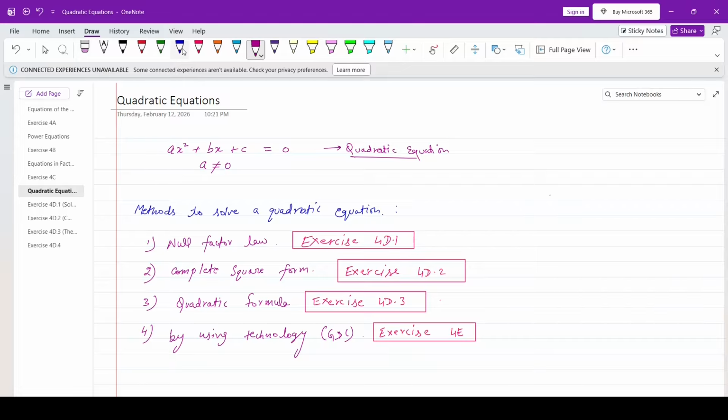We still have one small area of quadratic formula which we need to discuss. That we'll cover in exercise 4D.4. So let's get started.